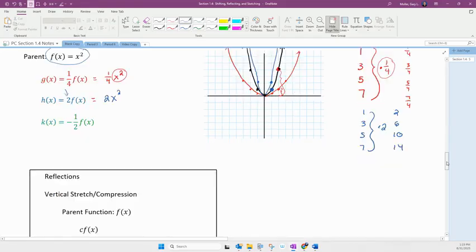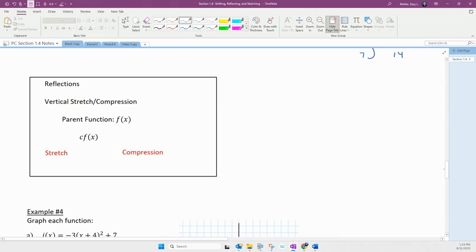So what does this tell us? If our value for C, so our reflections, so we know about reflections, okay, vertical stretch and compression. So if we're multiplying by a C value, it's going to either stretch it or compress it. So it's going to stretch it when C is what? Hopefully you said greater than 1. Multiply by 1, nothing happens. Multiply bigger than 1, it's going to stretch.